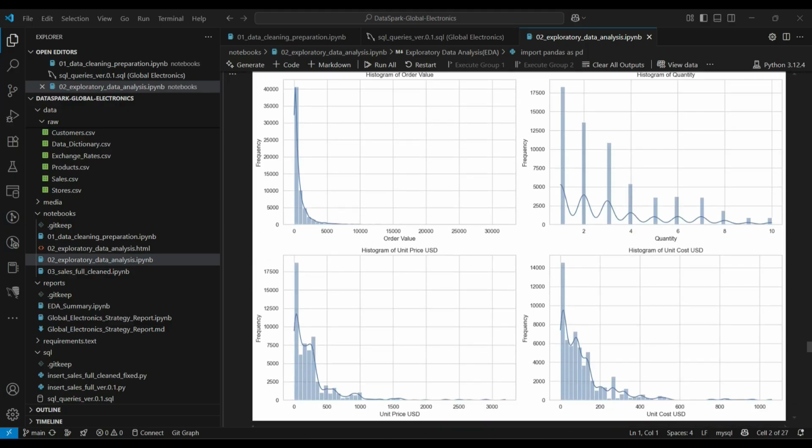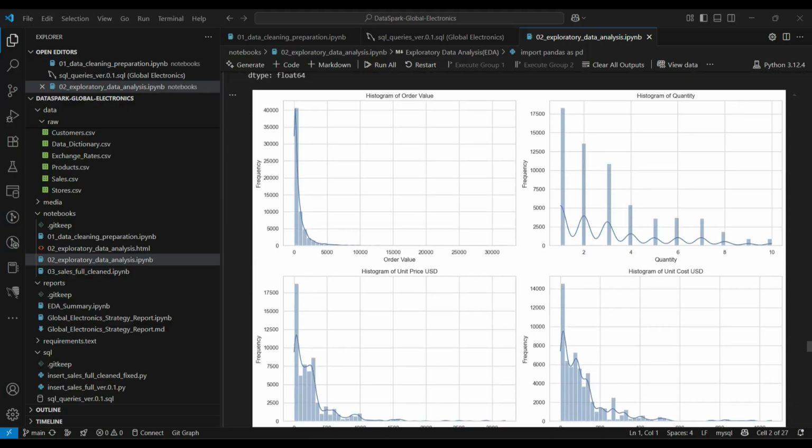Skewness of common numeric columns. I implemented code to assess the skewness of numeric columns to better understand data distribution. Here is a detailed interpretation of the distribution and skewness of key numeric columns. Histogram of order value. Distribution: highly right-skewed.